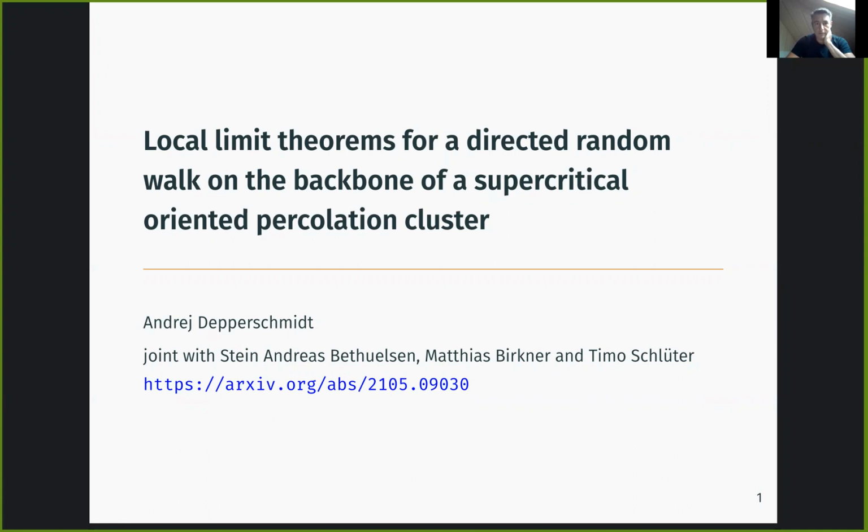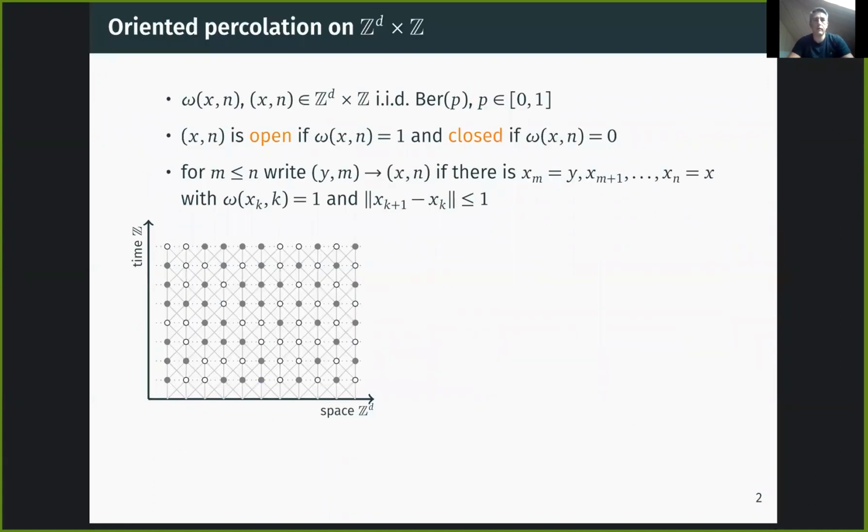So let me first explain the model. The oriented percolation on Z^d times Z: here we have IID random variables at each site, which are Bernoulli distributed with parameter p. Being 1 is interpreted as being open, and being 0 is interpreted as being closed for this site.